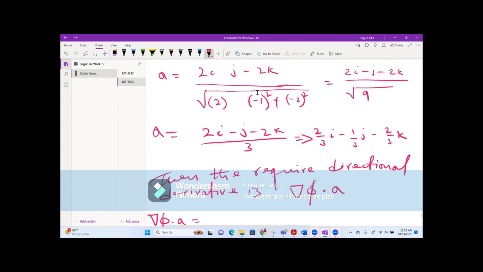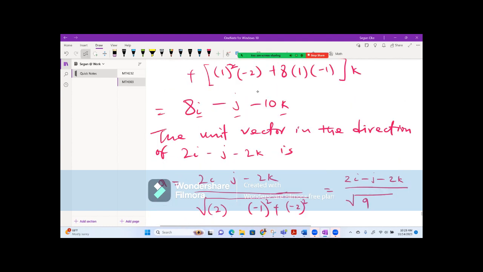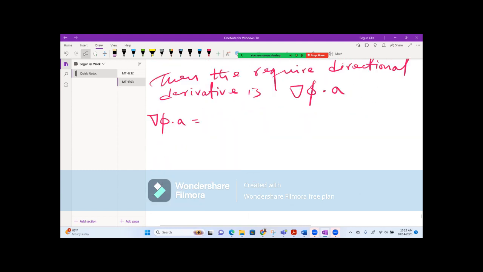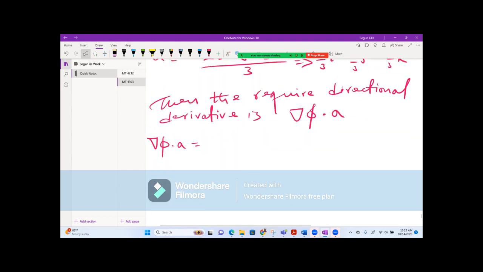The answer we have is our del of phi. That's our answer. Dot A is the directional derivative, with the unit vector A. So it's going to be 8i, sorry.